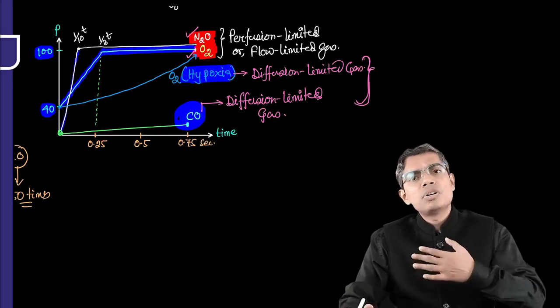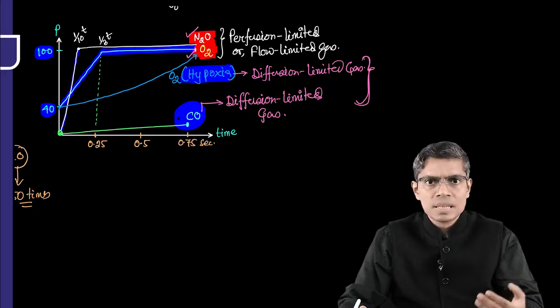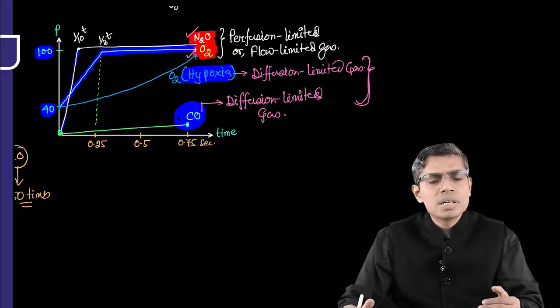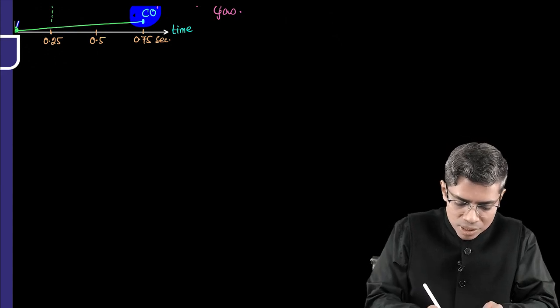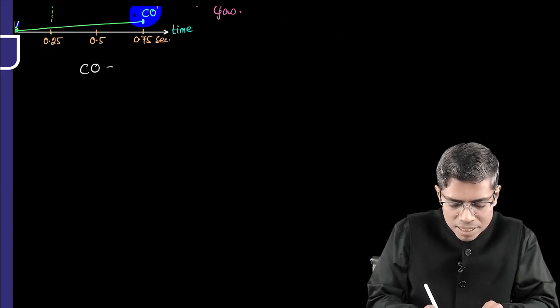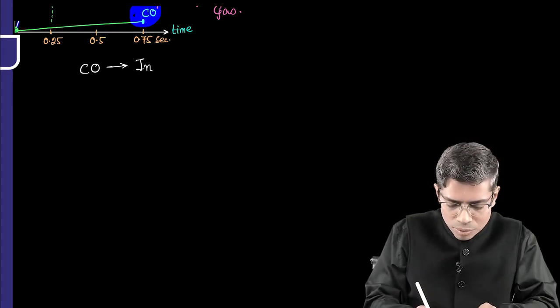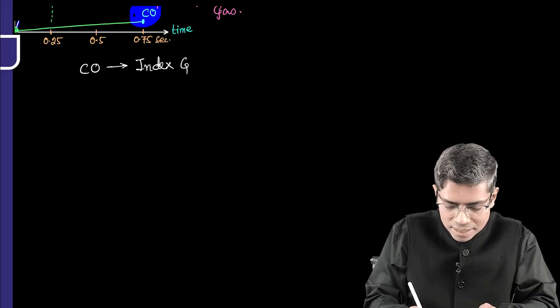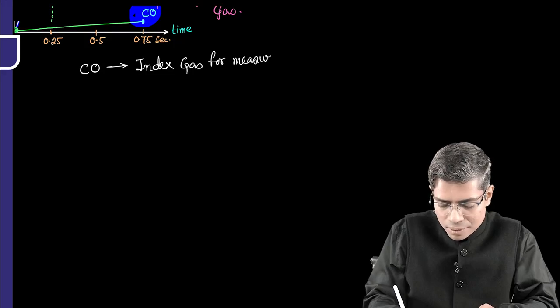But suppose I want to measure the diffusion capacity of the lung in a patient, a subject, as is done clinically. How is the diffusion capacity of the lung measured? We use carbon monoxide gas for measuring it. That's why carbon monoxide is known as the index gas for measuring the diffusion capacity of lung.